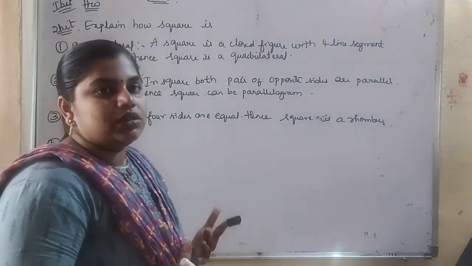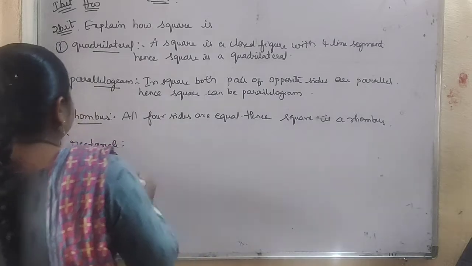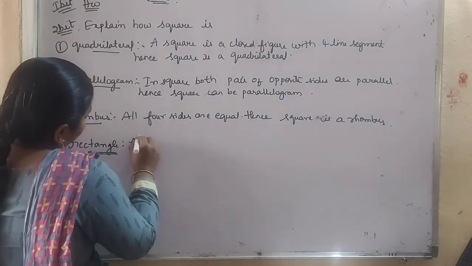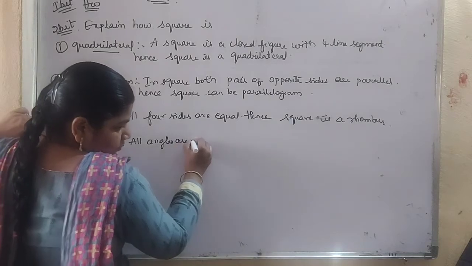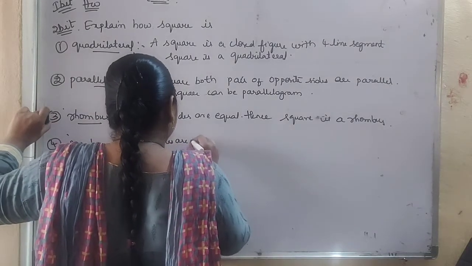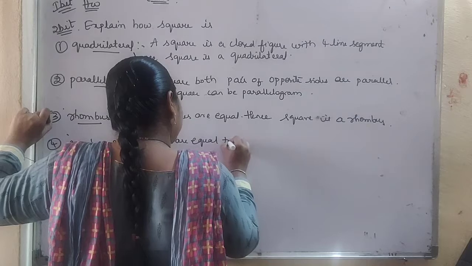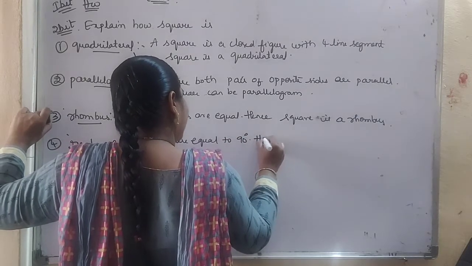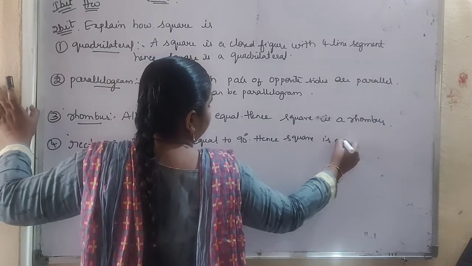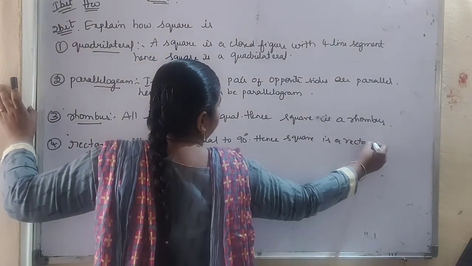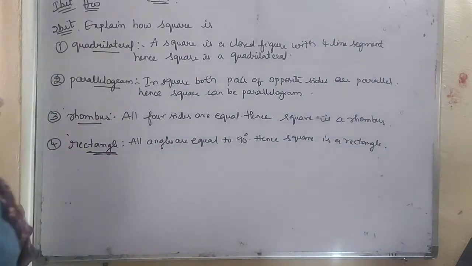That's why we can call this square a rectangle also. So all angles are equal to 90 degrees. Hence a square is a rectangle. So this is our second bit.